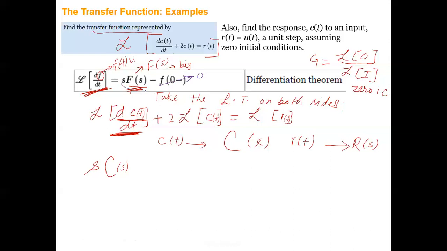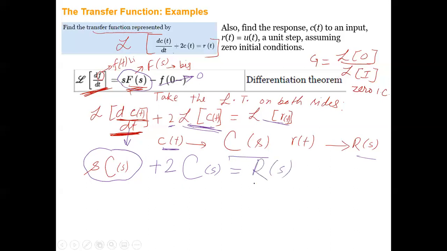We have s times C(s). Now plus 2, and the Laplace transform of c(t) is big C(s), equals, on the right-hand side, the Laplace transform of r(t), which is big R(s).